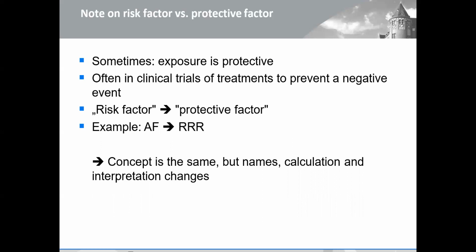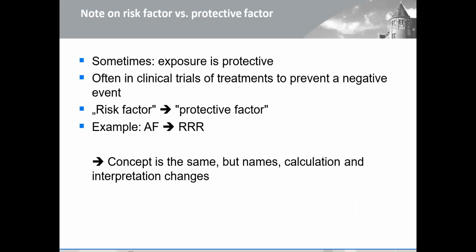If you then calculate your relative risk, attributable risk or attributable fraction, it might actually be negative, as opposed to positive, because in this case the incidence in the exposed will be lower than the incidence in the unexposed.